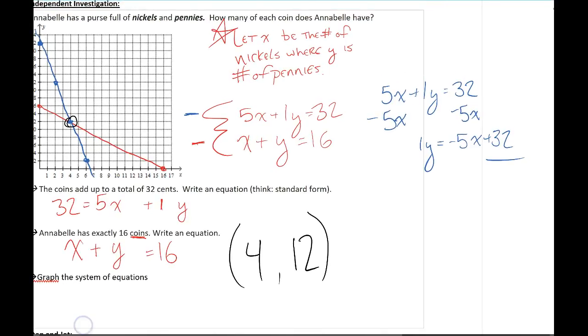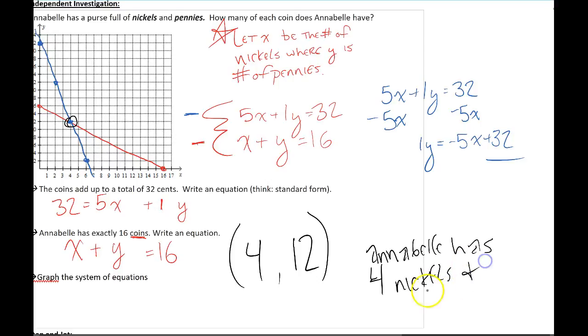In context, I need to go back and say, well, what did my x values represent? That's nickels. So Annabelle has 4 nickels and 12 pennies.